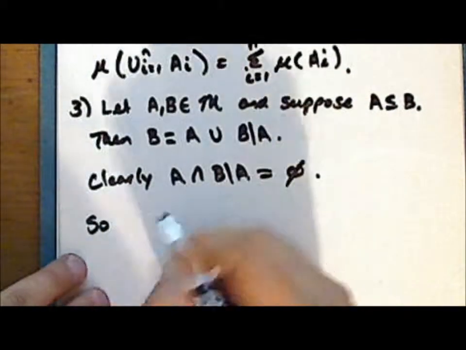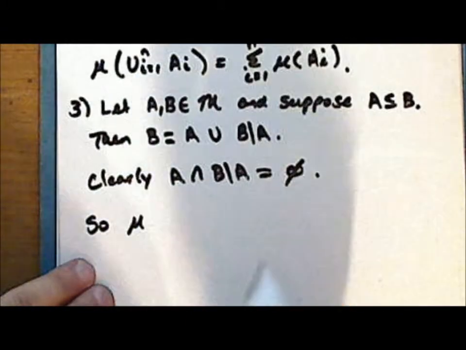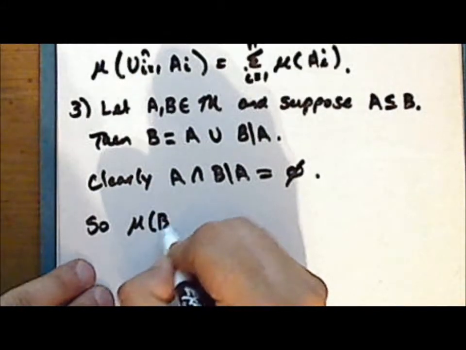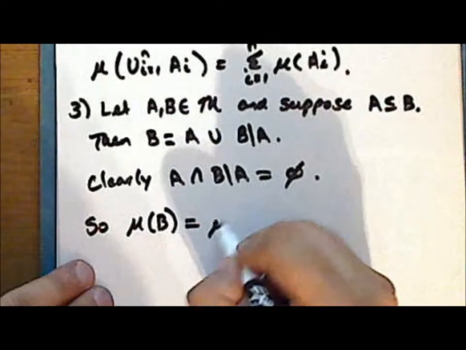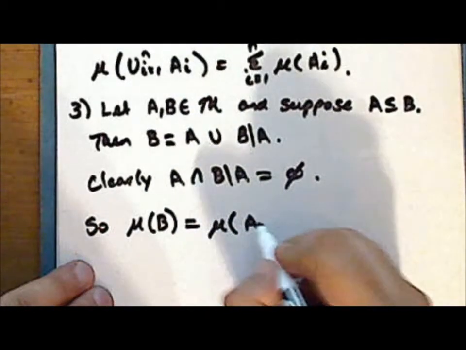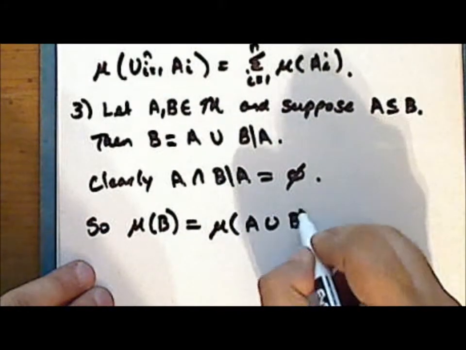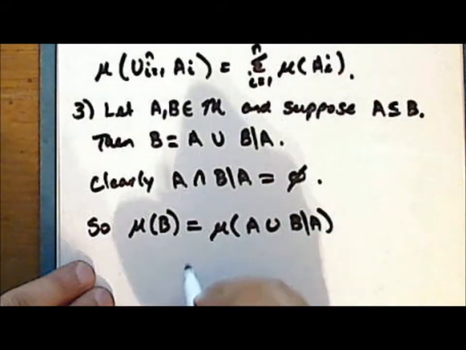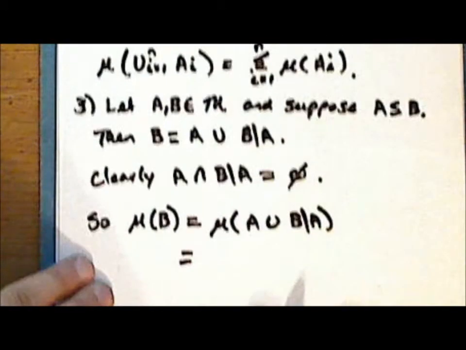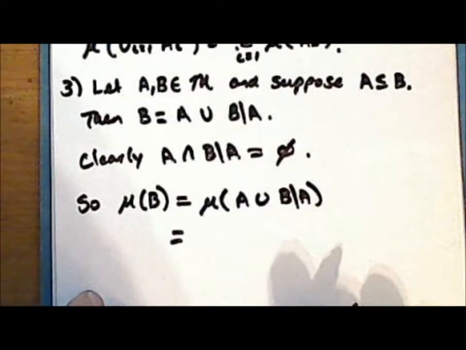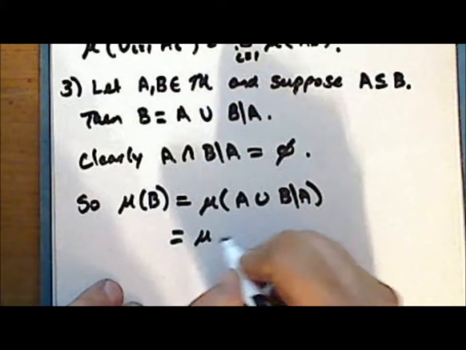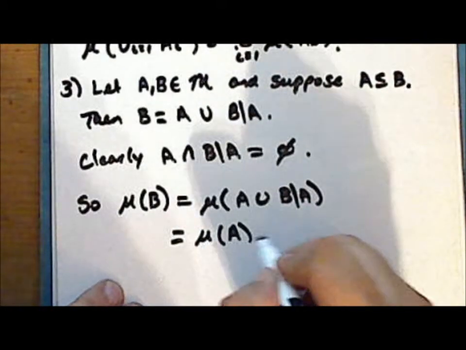And so the measure of the set B is the measure of the union of the set A with its complement in the set B. And from the second statement we just proved, we know this to be the sum of the measures.